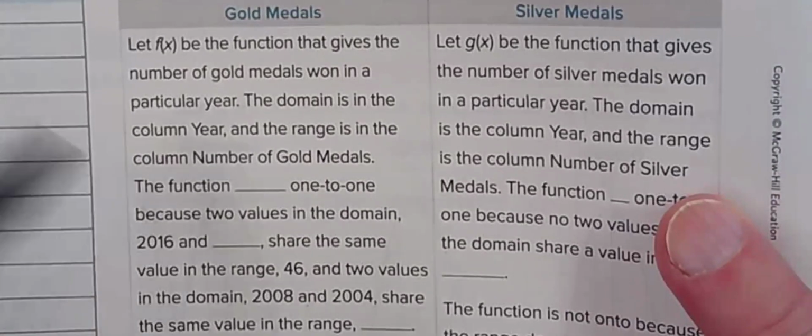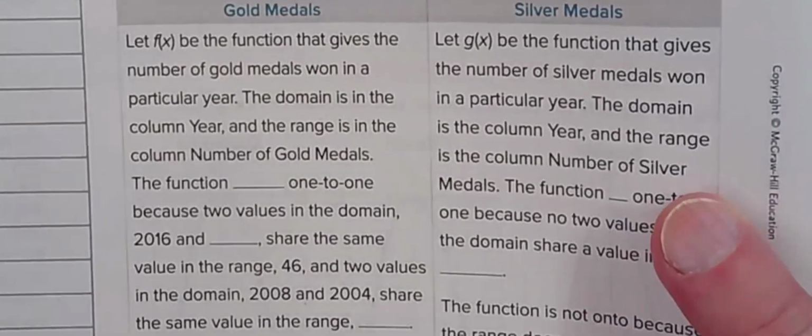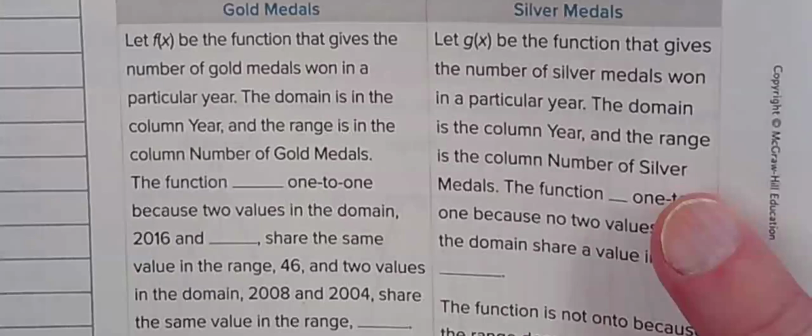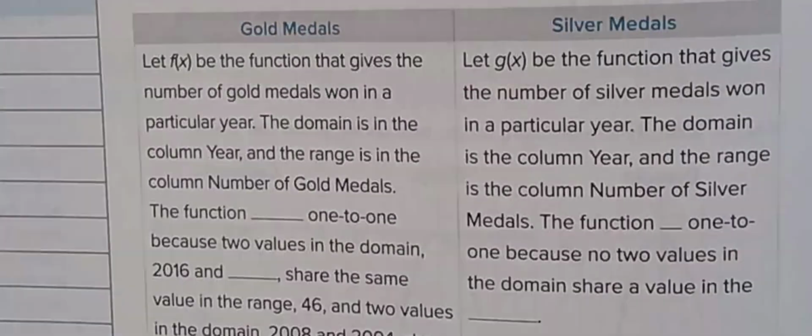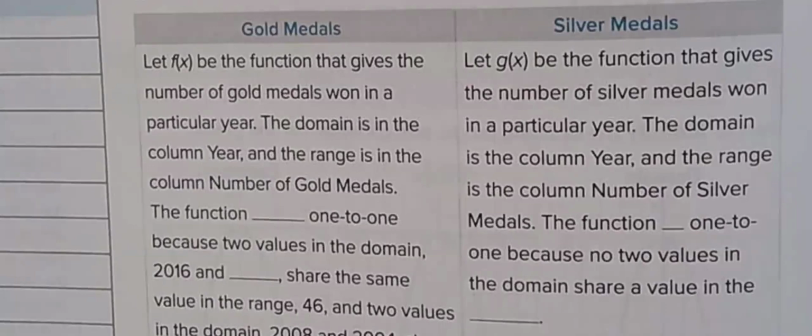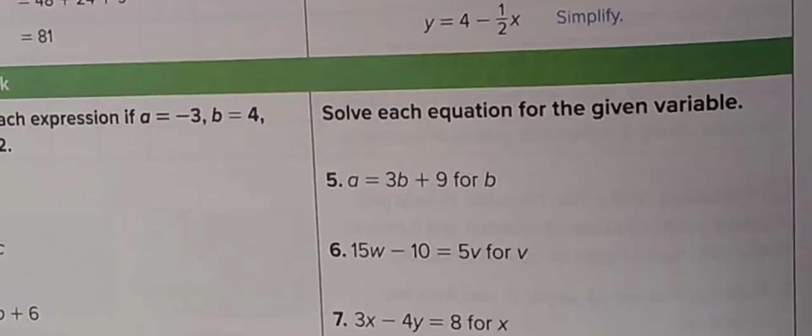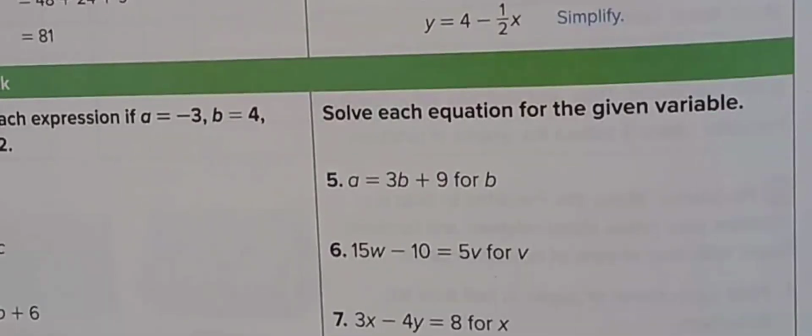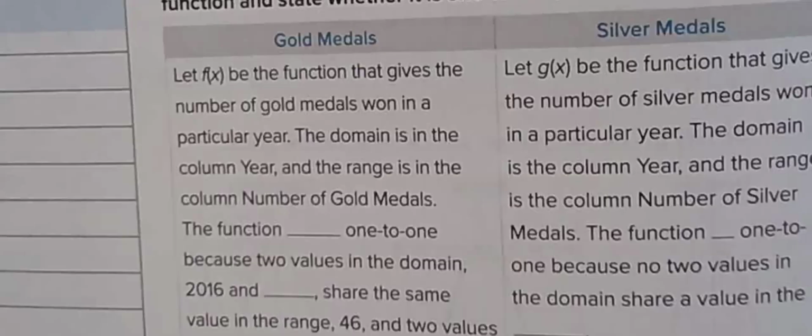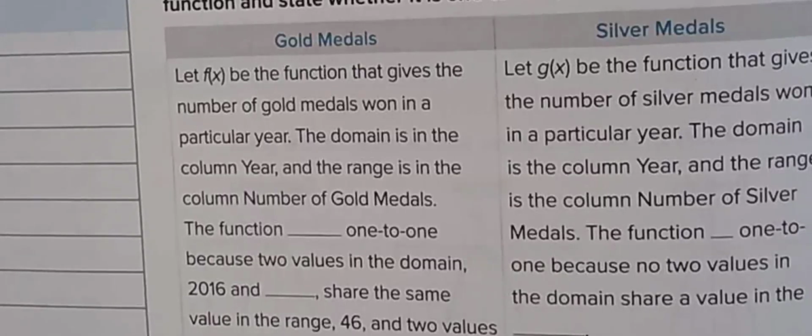In terms of one-to-one, what is our definition of one-to-one? Should be on the previous page. Feel free to look it up. For each element of the domain, there is what?